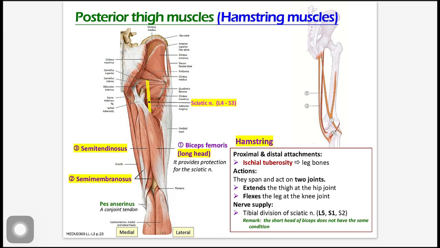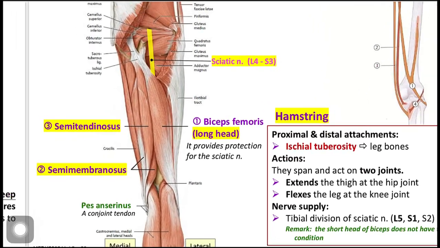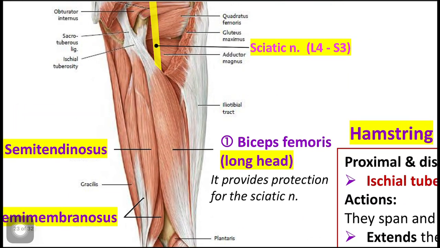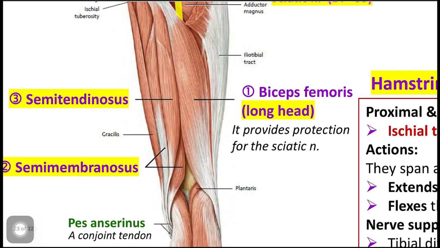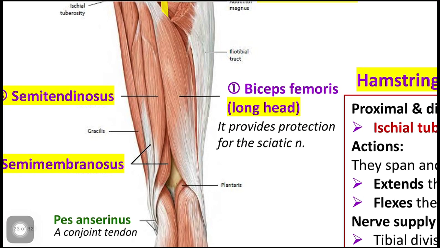Now, let's continue with the posterior thigh muscles, the hamstring muscles. So the hamstring muscles here we are referring to, take a look. Number 1, we have the biceps femoris. I specifically highlight the long head here, okay?